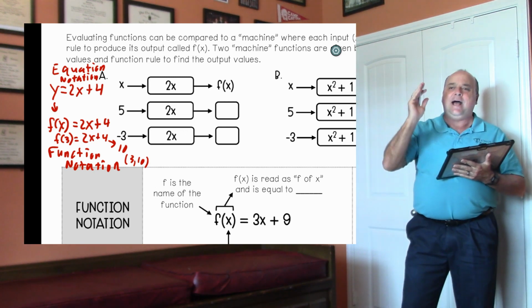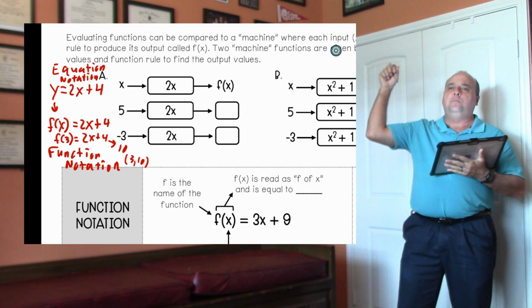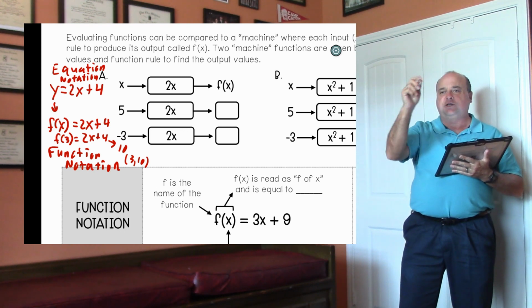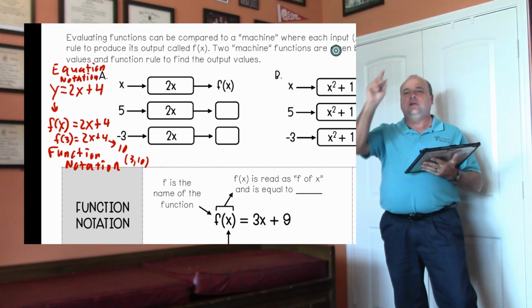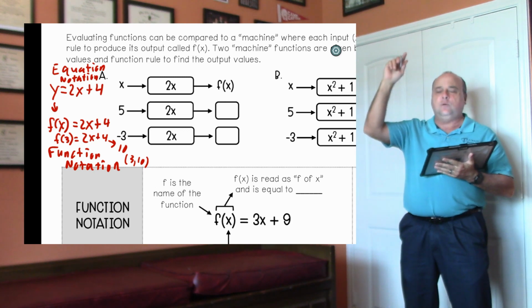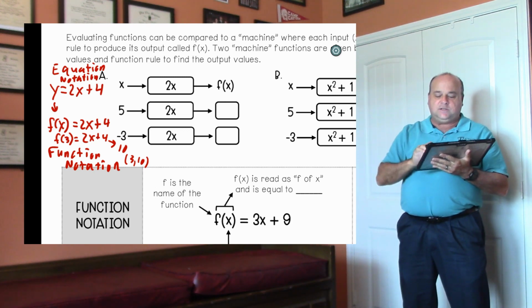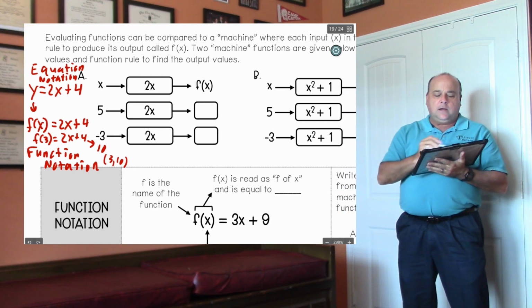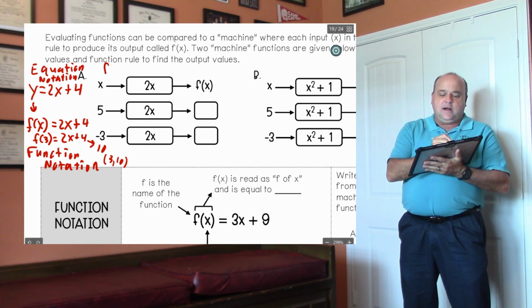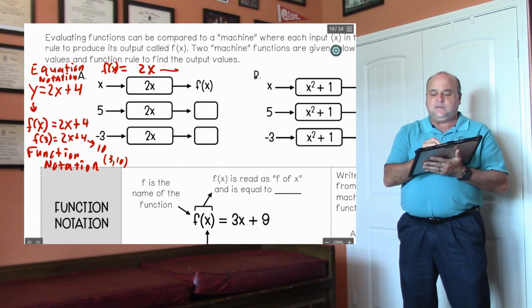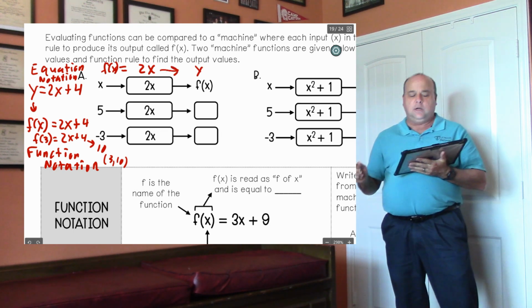Today we're going to learn how to get the outputs of a function in function notation. So basically you're taking the y and replacing it with an f of x. For instance, okay, right here, let's write down f of x equals 2x. And this is going to equal my y, okay?